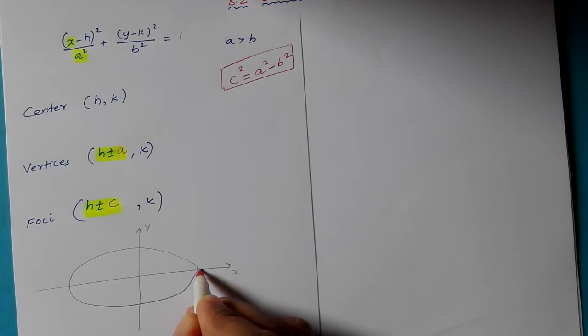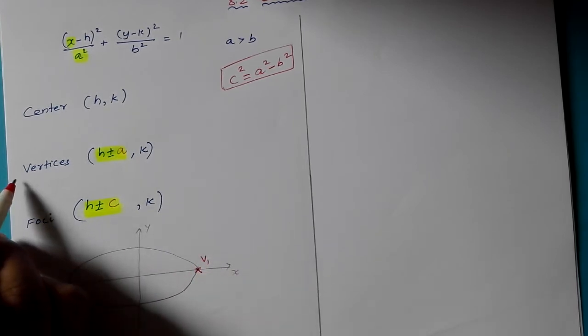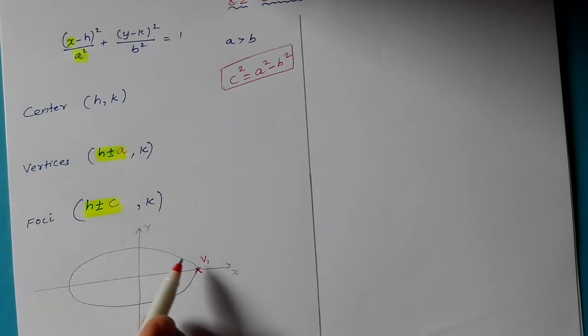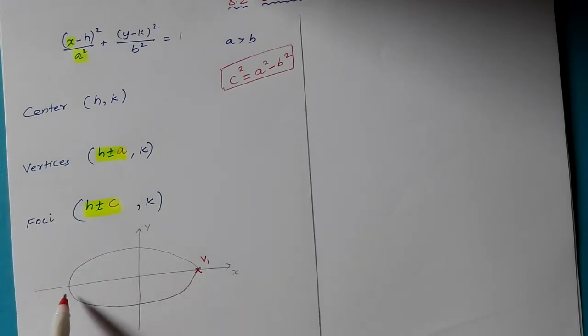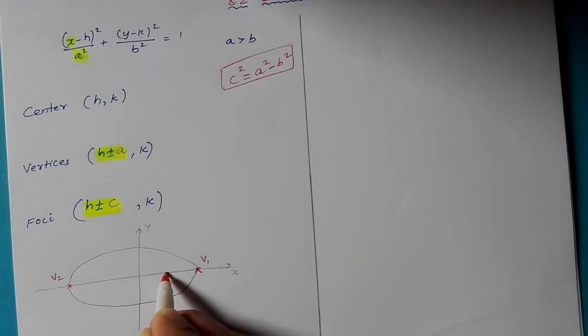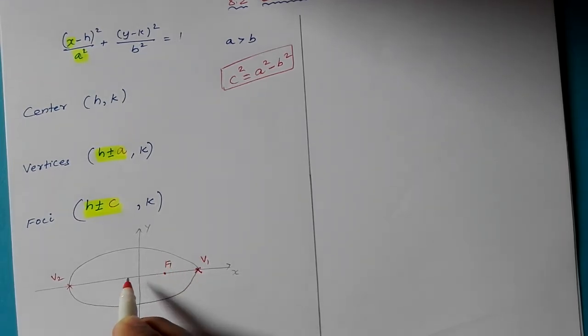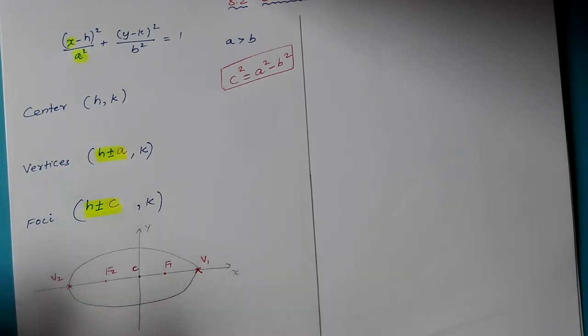So this is my vertex 1. You will get plus or minus, right? Therefore you will get two vertices, one is plus, one is minus. And the focus is also plus or minus. Therefore you will have F1, F2, and this is my center. So this is the one type of ellipse.